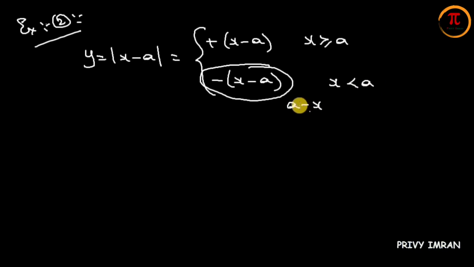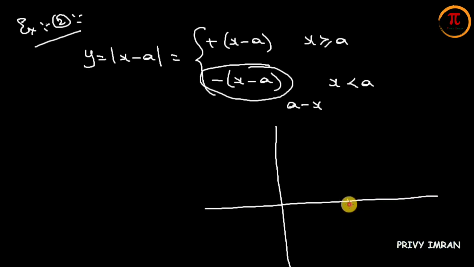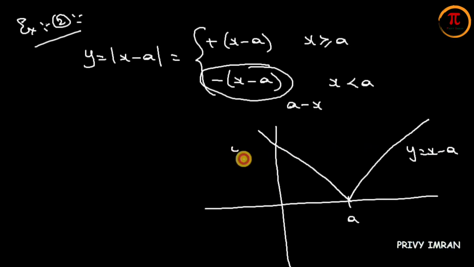Now if I draw the graph, on the y-axis and x-axis, somewhere here point A will be available. At point A you can find two lines like this. This is y equal to x minus a, and here y equal to a minus x.